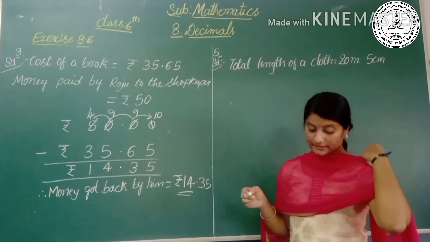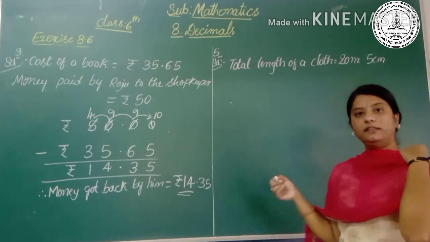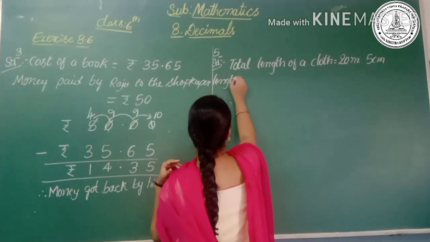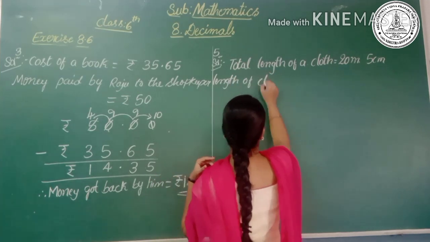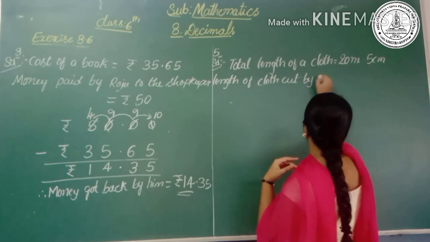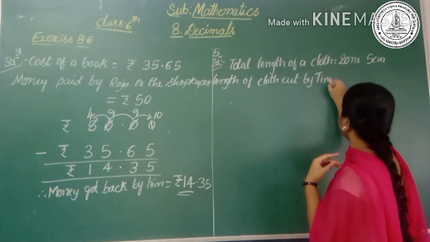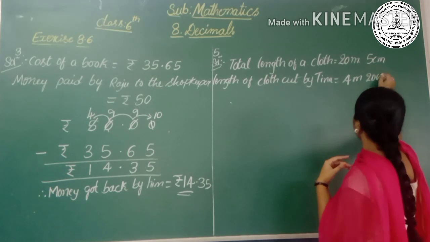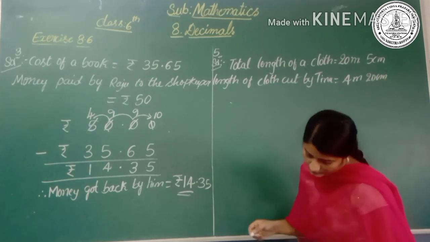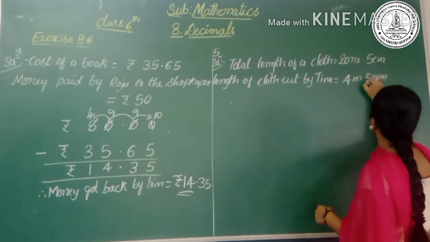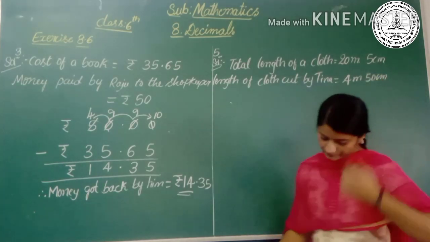And the second sentence, the length of cloth cut by Tina, that is 4 meter 50 centimeter. Okay.